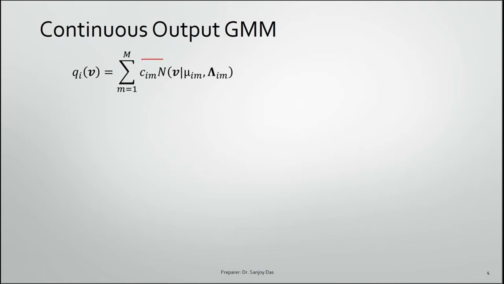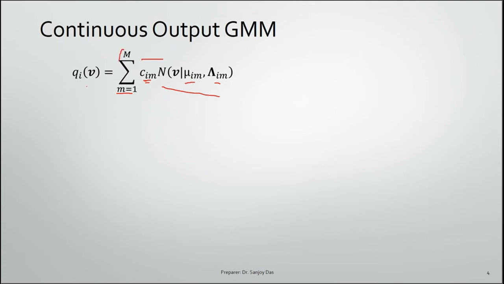Each Gaussian has a mean and a covariance matrix, and c_im is the probability that the mth Gaussian will be active in generating the output, and that's also at state I. And so Q_i(V) is summation of c_im times the normal distribution, and M is the total number of Gaussians.